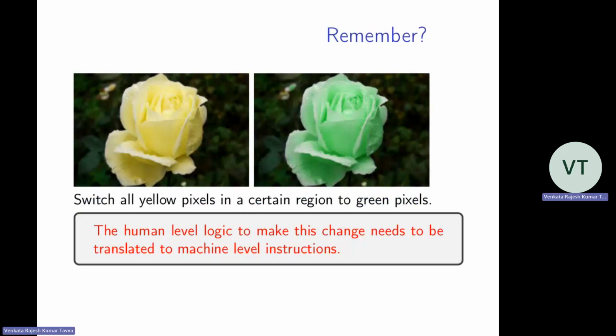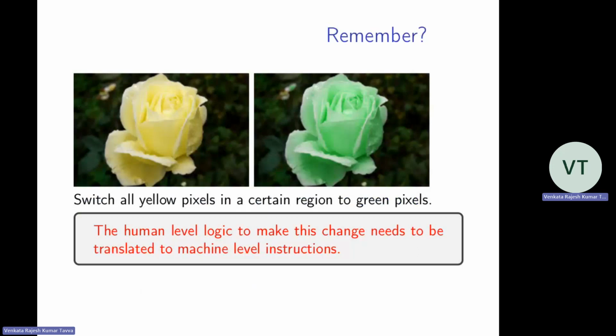Someone needs to translate this into zeros and ones. And also when I say add or multiply, these are operations which again need to be translated into bit operations. That also is done by the compiler. So that is exactly what a compiler is doing. It is translating high level instructions given in a high level programming language into low level instructions in low level machine language. Only then can a computer understand and execute.